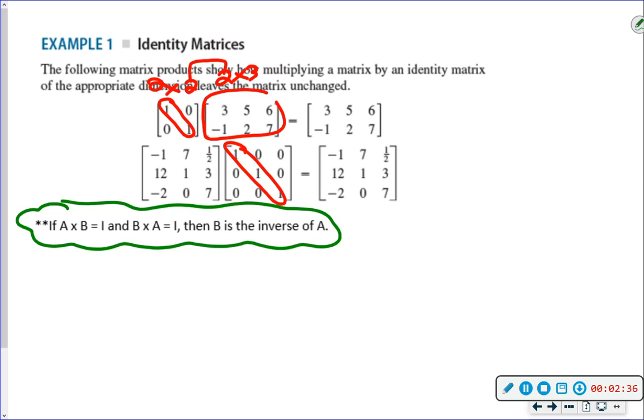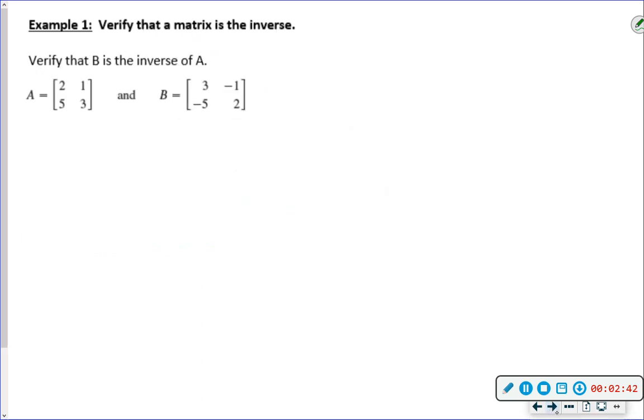Well, all that is a little multiplication, and we should get those diagonal 1s with the 0s. So we just have to do the work. Verify B is the inverse of A. Eventually, we'll actually find the inverse. So basically, we have to do A times B and B times A. That's kind of the yuck thing. You do have to do both directions of multiplication and verify that both answers are the diagonal 1s.